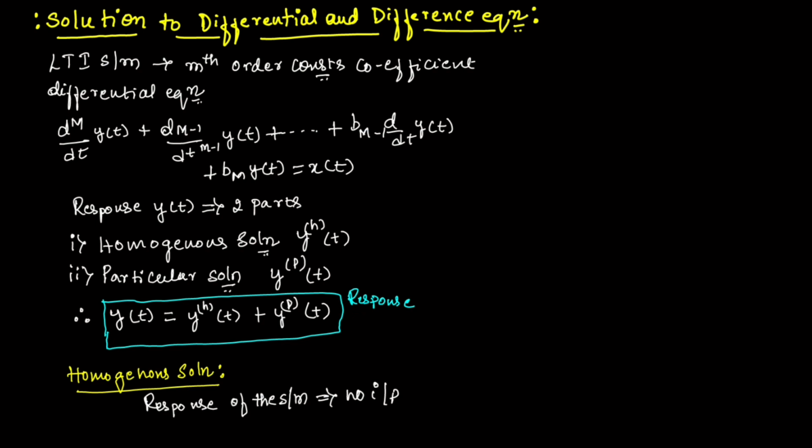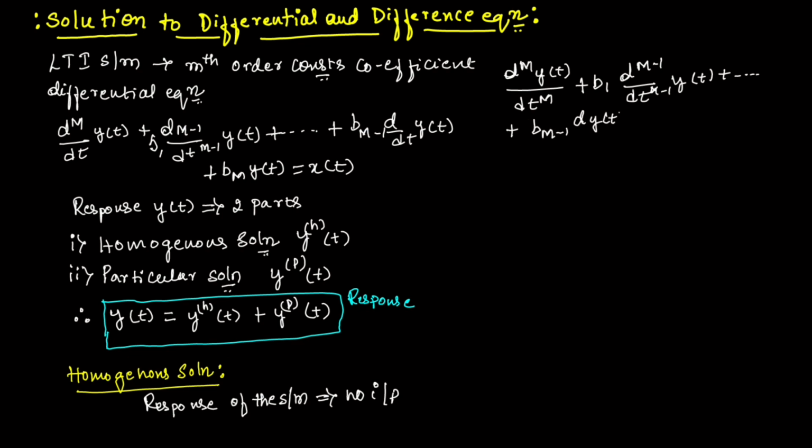Therefore the differential equation can be represented as d^m y(t)/dt^m + b1 d^(m-1)/dt^(m-1) y(t) + and so on plus b(m-1) dy(t)/dt + bm y(t) will be equal to 0.